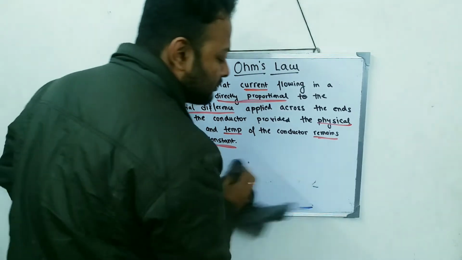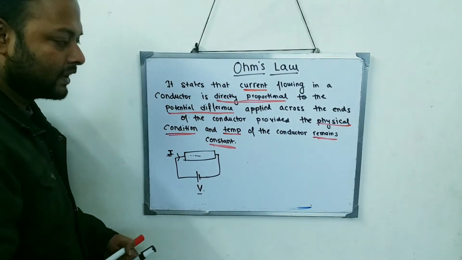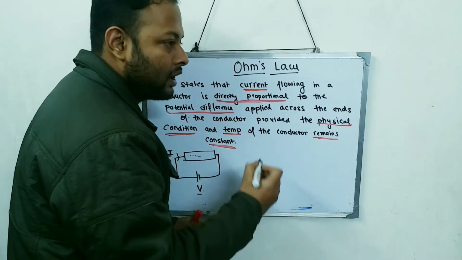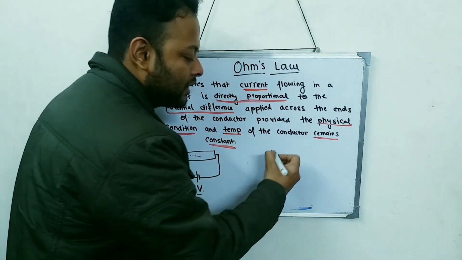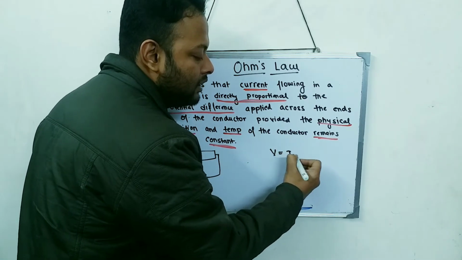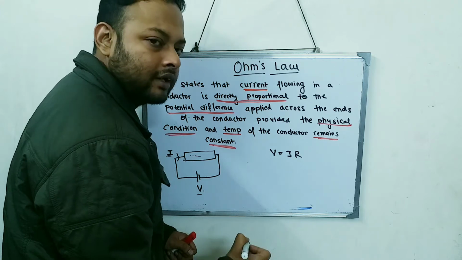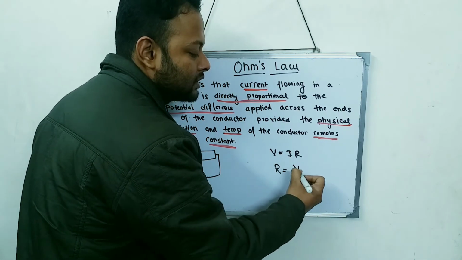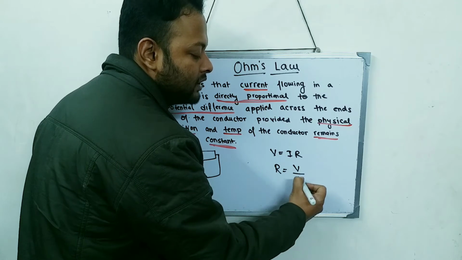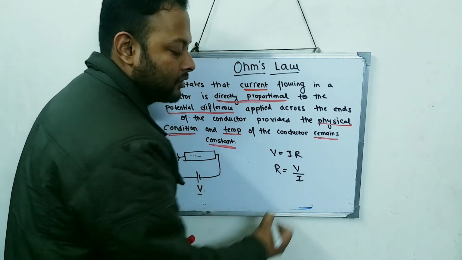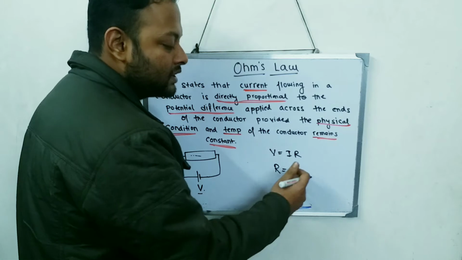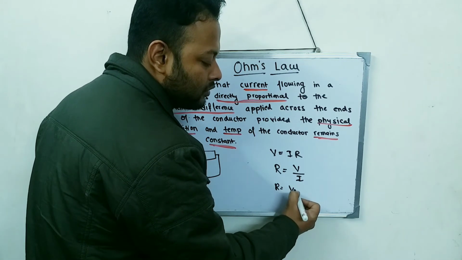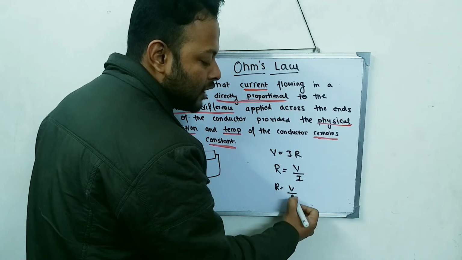From this definition, we came to the equation V is equal to IR. So what is R? What is resistance? Resistance is voltage by current. Now, what is the unit of voltage? The voltage unit is volt and the current unit is ampere.